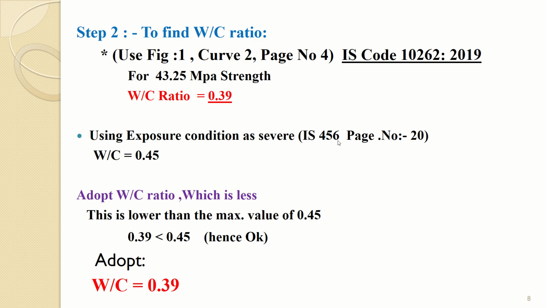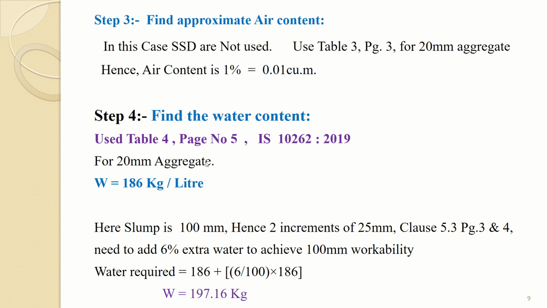As per IS 456, page number 20, Table 5, for severe condition, you will get water cement ratio as 0.45. But when you adopt this value, you should always go for the minimum value, and the minimum of 0.39 and 0.45 is 0.39. So I am going to adopt water cement ratio as 0.39 for this mix.